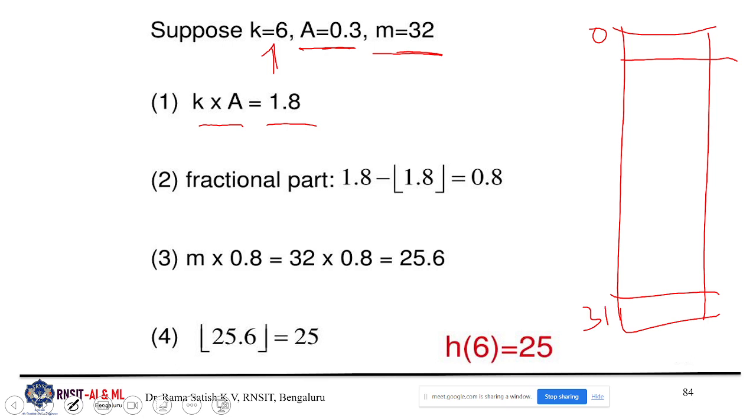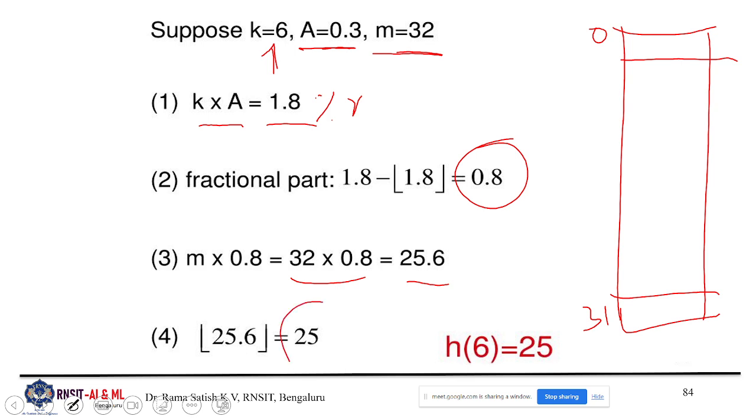You modulus this by 1. When you modulus this by 1, you get 0.8. And this 0.8 you multiply with 32, so you get 25.6.